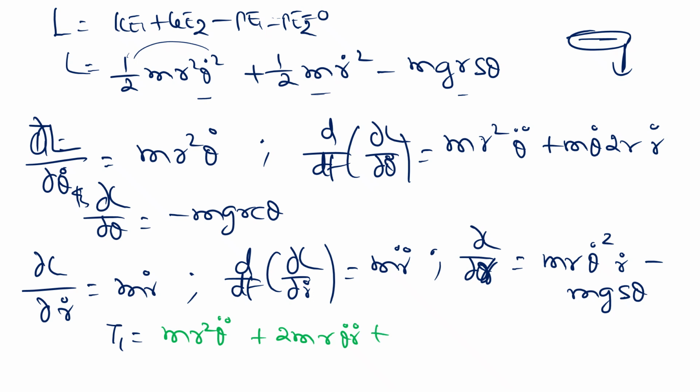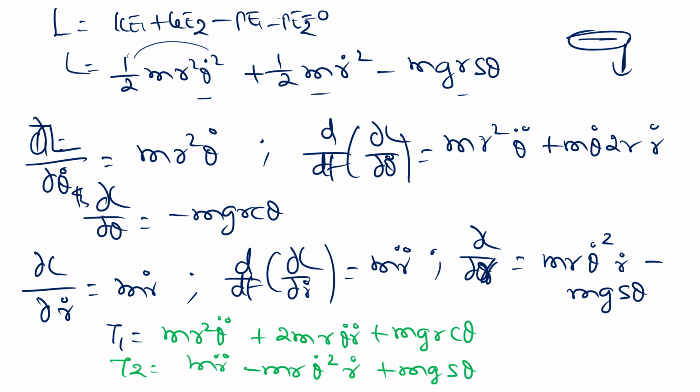So minus minus will become plus mgr theta. Then tau 2 is, so here d by dt is m r double dot, then minus the other term. The other term is minus m r theta dot square, so minus minus will be plus mg sin theta. Okay.